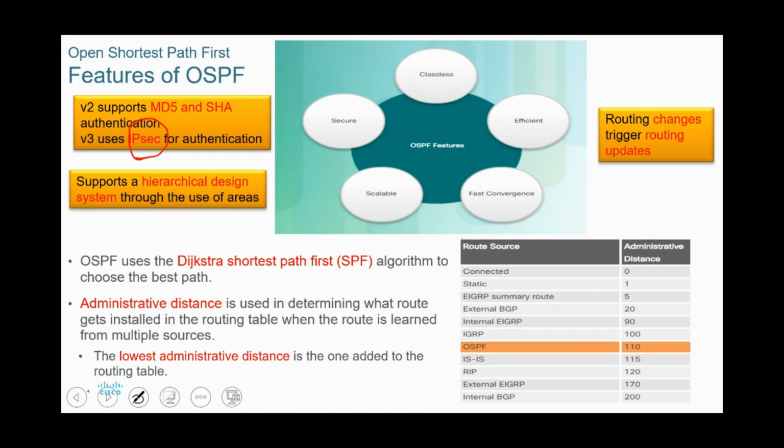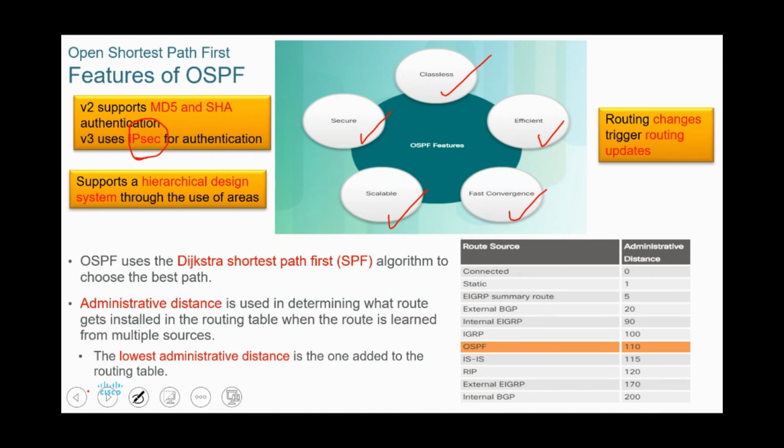So all these are the OSPF features: it supports classless addressing, and it is more secure due to IPsec for authentication. If you are using version 2, which is IPv4, it supports MD5 and SHA authentication. And OSPF is also scalable, has very fast convergence, and is very efficient, because it only triggers routing updates when there is a routing change.